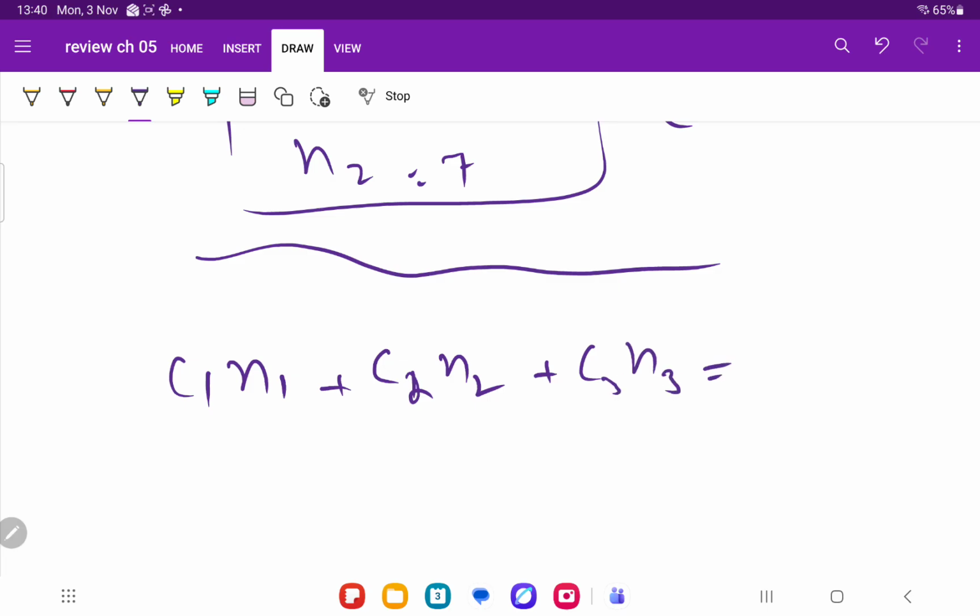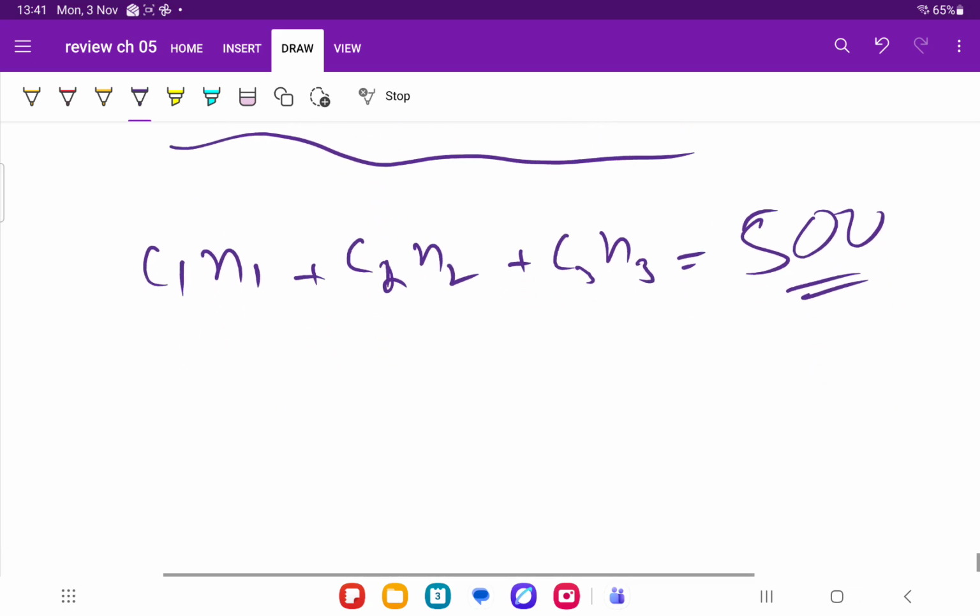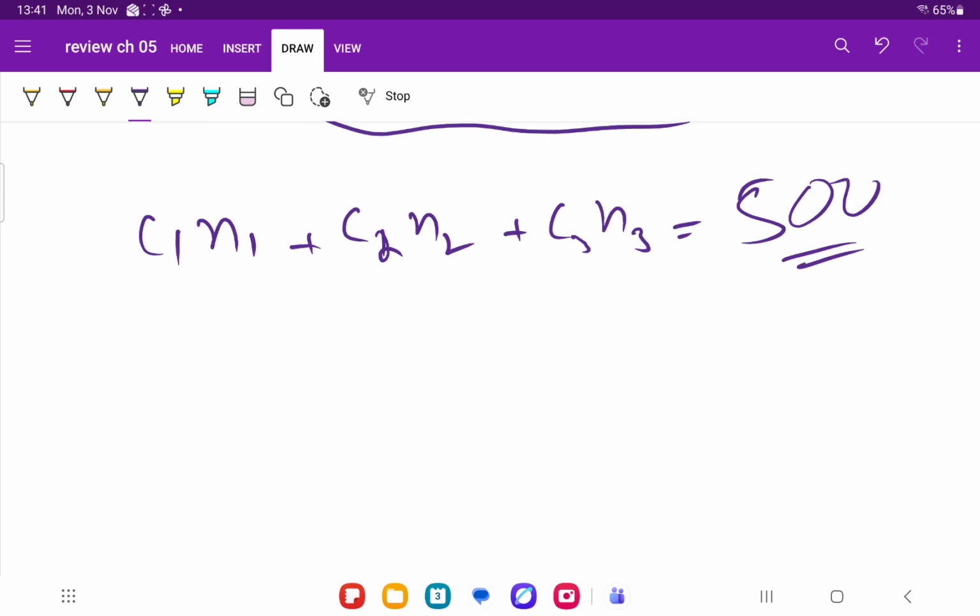For example, if we have 3 strata, and the total cost, the budget, is $500, that is how it should be written. So we need to find N1, N2, N3 according to the total cost we have. Are you getting the point?